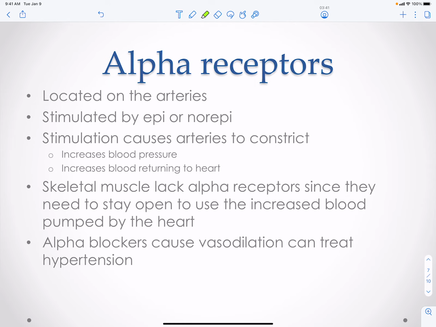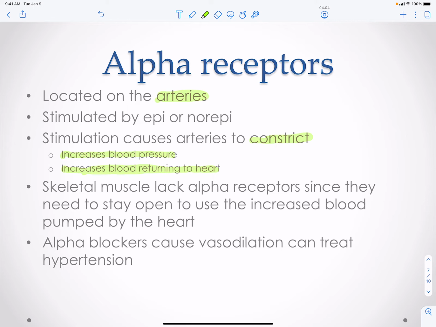So our alpha receptors are going to be located on the arteries, and stimulation of them by our stress signals is going to cause the arteries to constrict. And this is to increase blood pressure and increase blood returning to the heart. Now, keep in mind, skeletal muscles lack alpha receptors. They need to stay open.